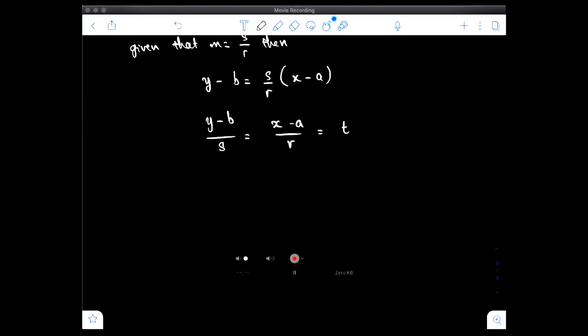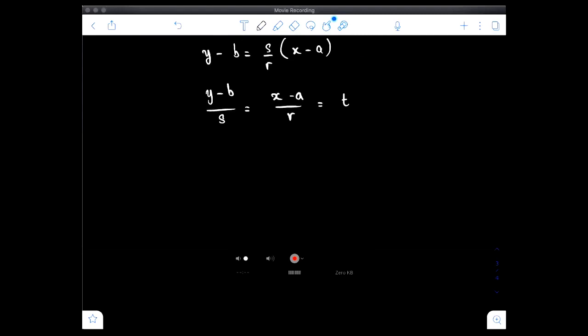From here, instead of one equation, now you have two equations. You have (y minus b) over s equals t, which implies that y minus b equals s times t, or y equals b plus s t.